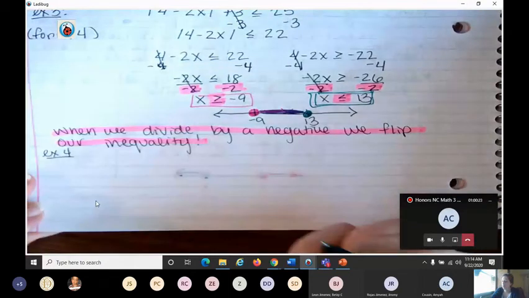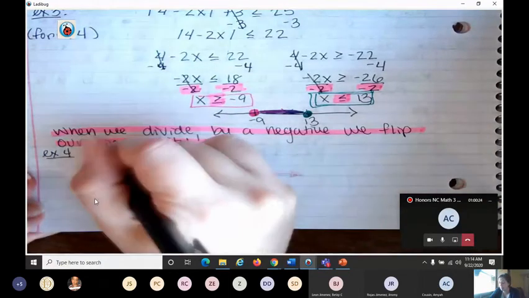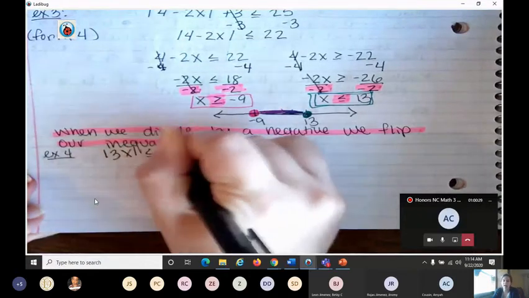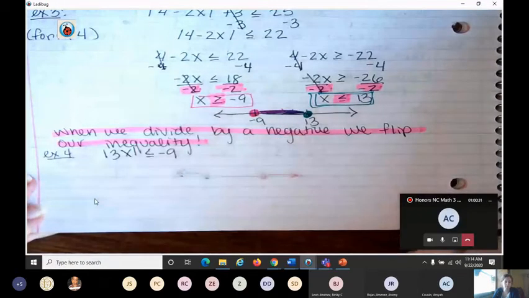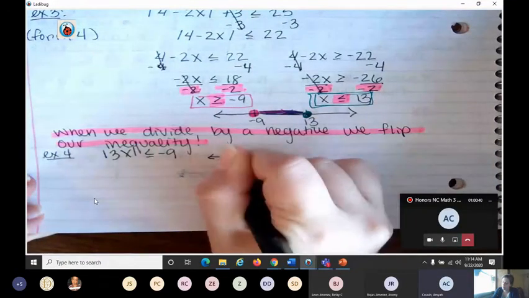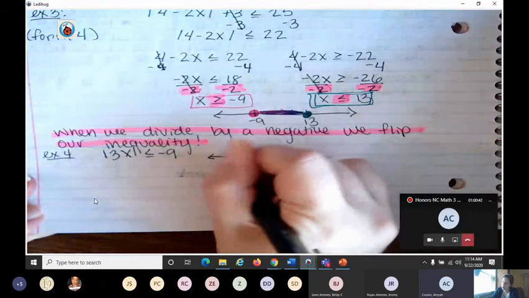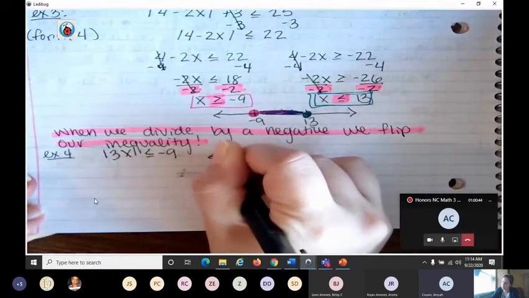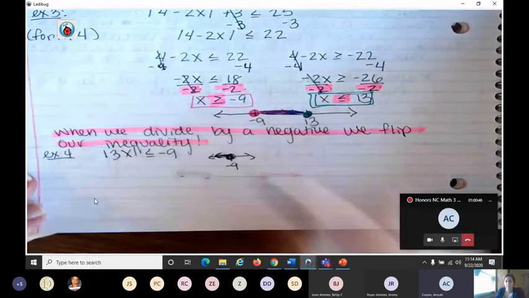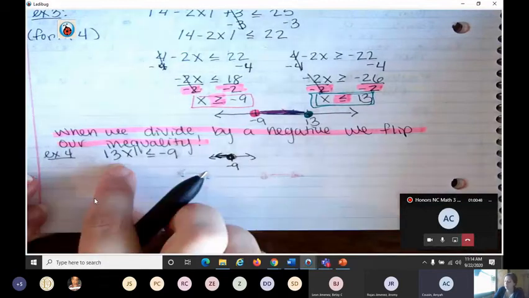In example 4, if we had something like the absolute value of 3x is less than or equal to -9, is this possible? No. Why is it not possible? Because it's a negative outside. Yeah, an absolute value is positive, but this is negative.